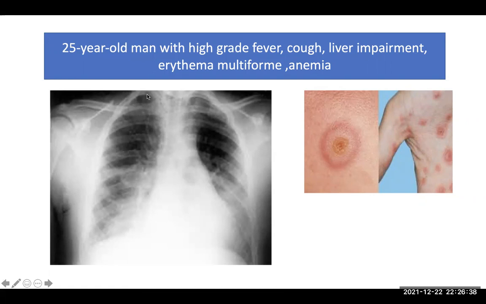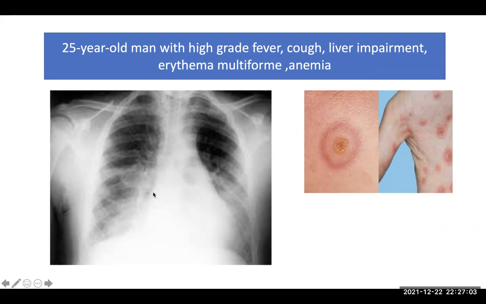So what is the final word or the moral of the topic? We have to take some history and do a physical examination, of course, of the respiratory system, and also a general examination and other examinations. As the patient has liver impairment, this patient may have some clue in the history and also in the clinical examination.